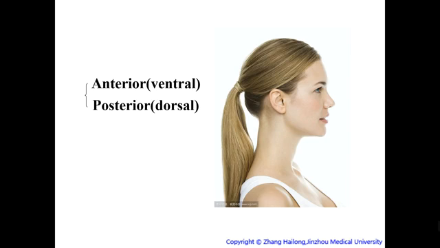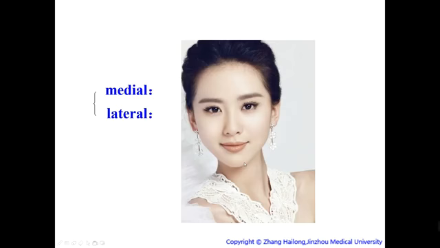Which one is on the anterior part? Yes, the nose is anterior to the ears, and the ears are posterior to your nose. So this pair of terms is used to describe the location, in front or at the back, ventral or dorsal.